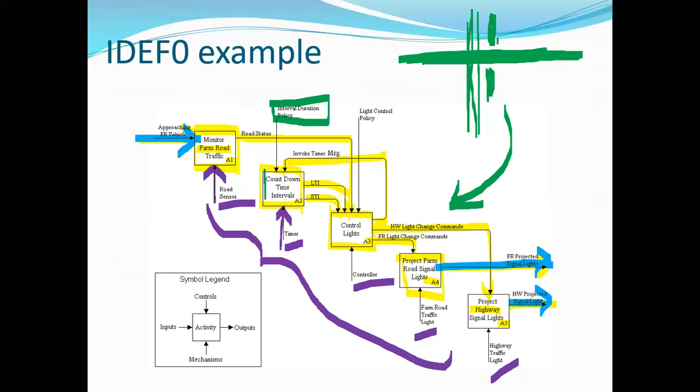The system will adjust the durations. If cars are queuing too long, the red light becomes shorter and the green light becomes longer, letting the cars flow to overcome the traffic jam. The control lights work under the light control policy and so on. The upper ones belong to the mechanism.